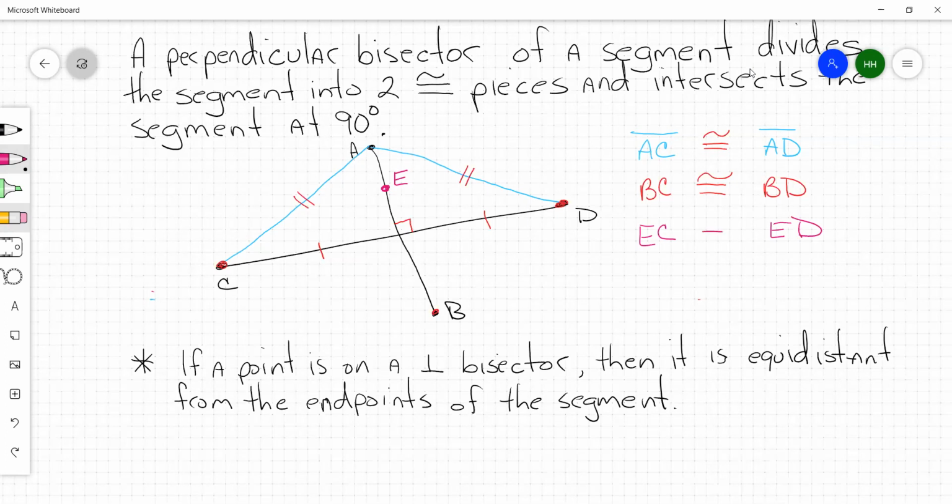Somebody said they're congruent. Why are they congruent? Why is this segment congruent to this segment? Speak up. They're the same distance from each other. And why are they the same distance from each other?